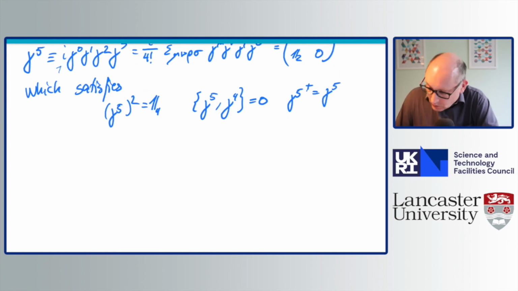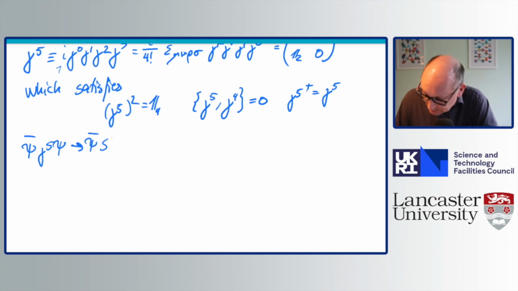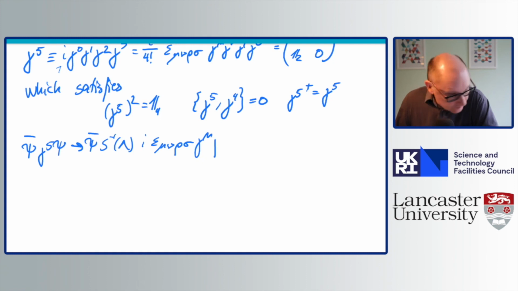So what we find, for example, is that psi bar gamma 5 psi goes to psi bar S inverse lambda. The gamma 5 is the i epsilon mu nu rho sigma, then all the gamma mu nu rho sigma S lambda psi.